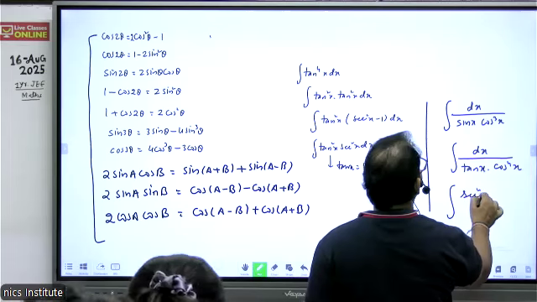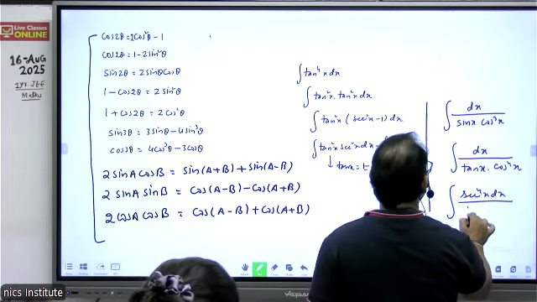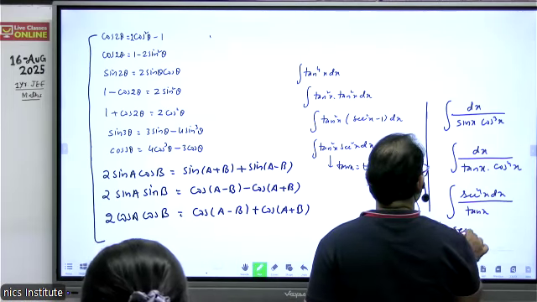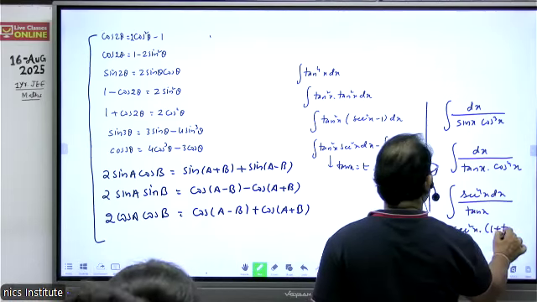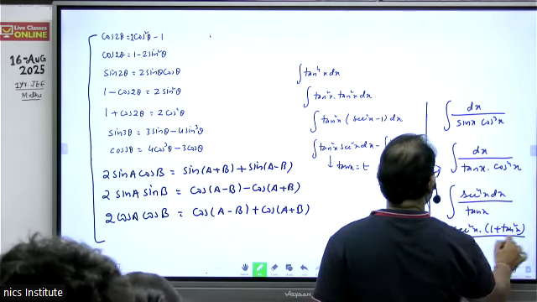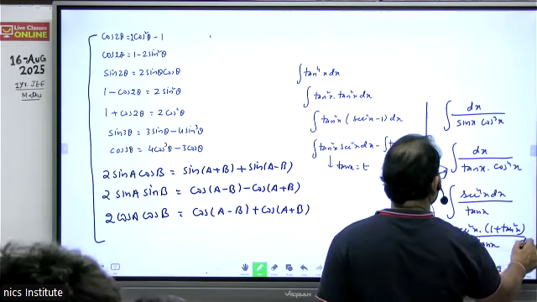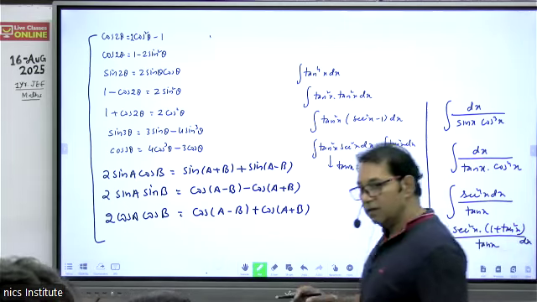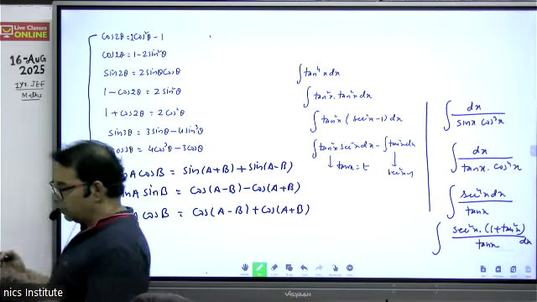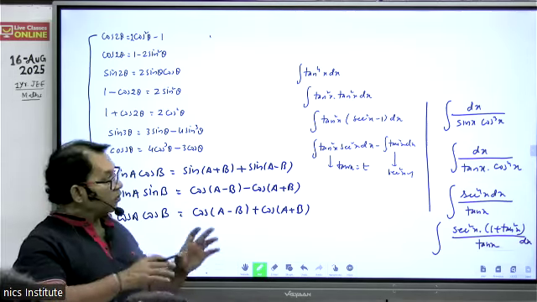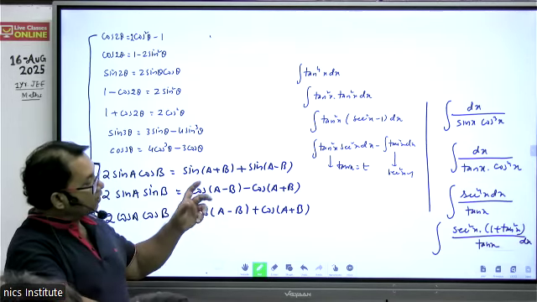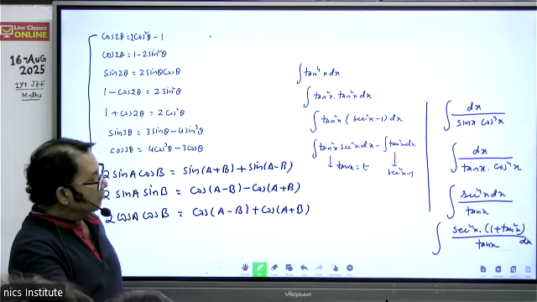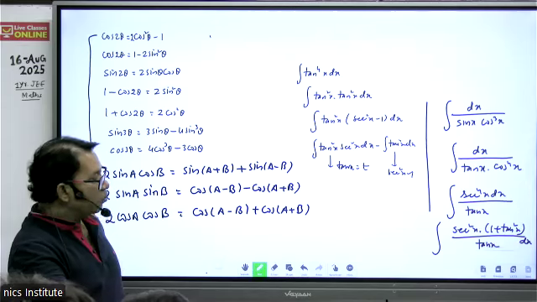So it will be sec 4x dx by tan x. Sec 4 you can write as sec square x into 1 plus tan square x. Now you substitute tan x as t. With sec x you should get sec x tan x, with tan x you should get sec square x. With cosec x you get cot x, and with cot x you get cosec square x. So when it was 1 by sin cos, I tried to convert it to sec square x and tan x. Now you can substitute tan x is equal to t.